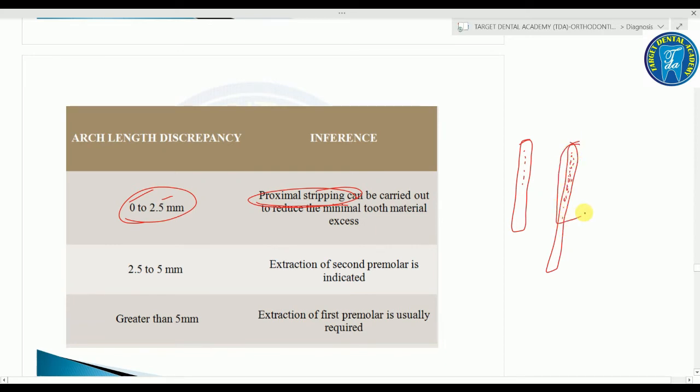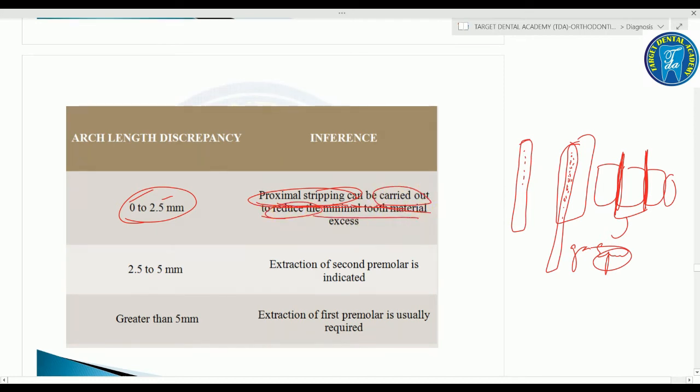And this proximal strip is usually used in the interproximal area of two teeth to gain space. Fine. So proximal stripping can be carried out to reduce minimal tooth material.